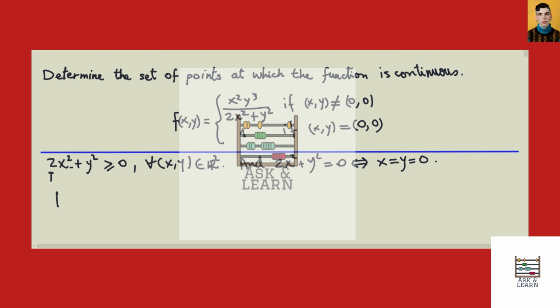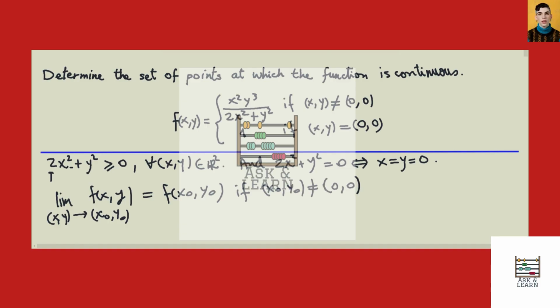So when we take the limit as (x, y) approaches a pair (x0, y0), we can say that this is equal to the evaluation of the function at that point, if the point we are talking about is not the origin.